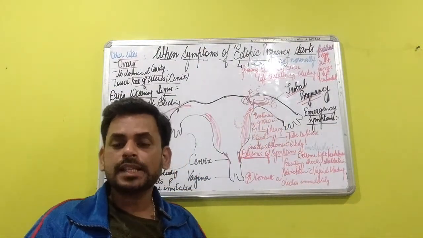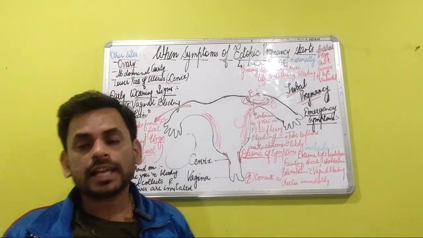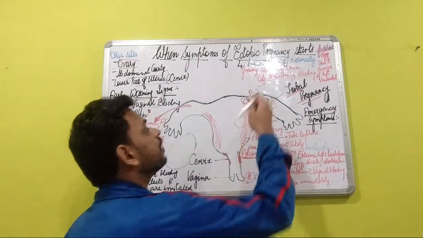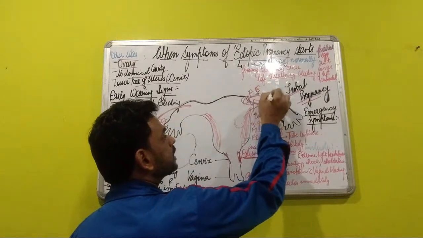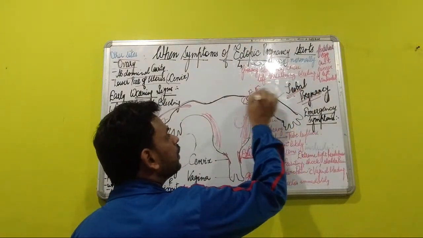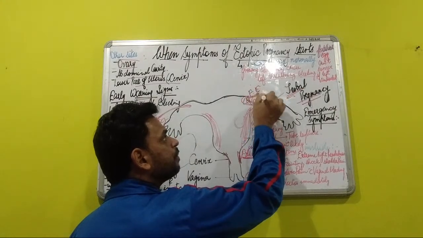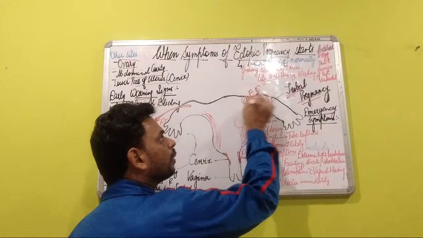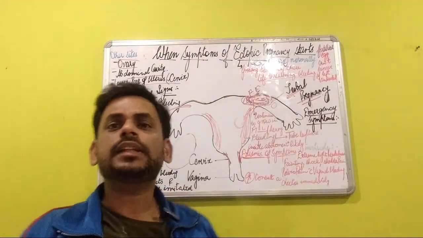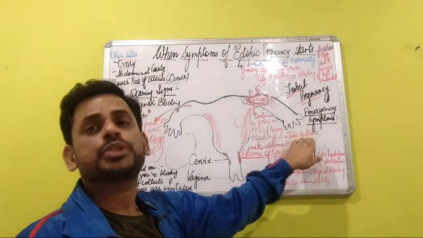In the emergency symptoms, if the fertilized egg continues to grow, as in the picture I've shown of this tubal pregnancy, if it continues to grow in the fallopian tube, slowly and gradually this may lead to the rupture of the tube.